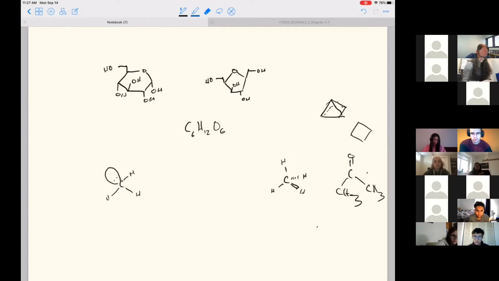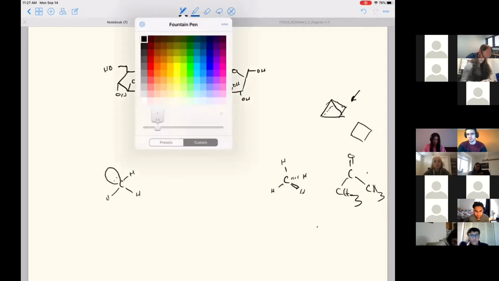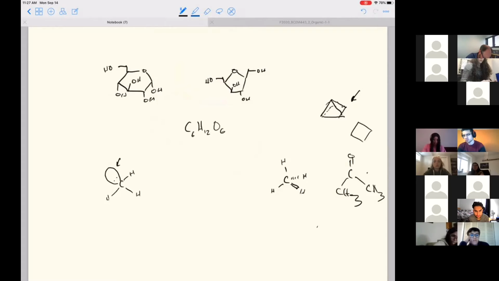But it'll take up less room and be more flat than if it had a full bond sticking out in the other direction, because this little electron density sticking off just doesn't stick up as far as a full bond to another atom, like a hydrogen sitting there. So the electrons do take up space.